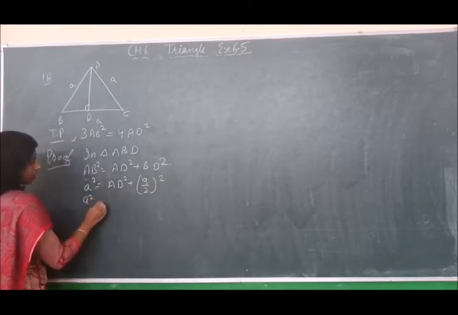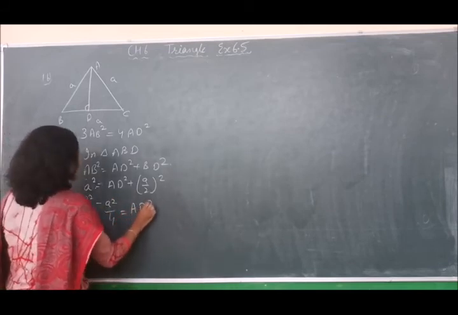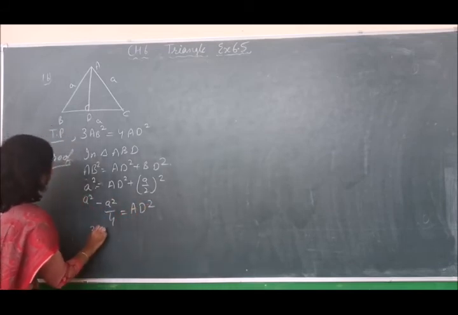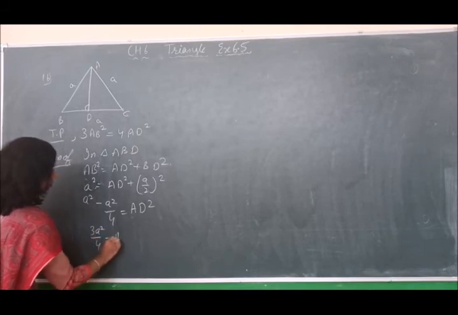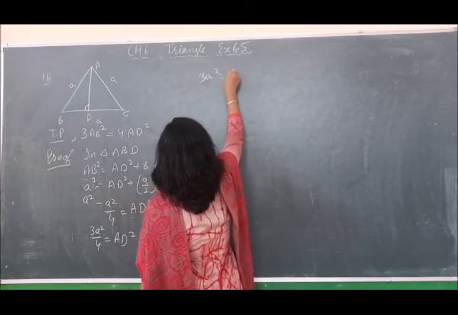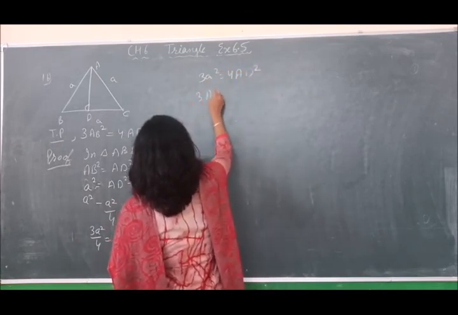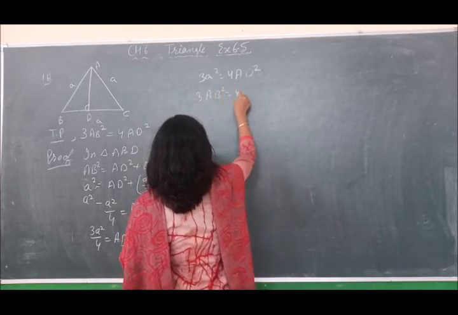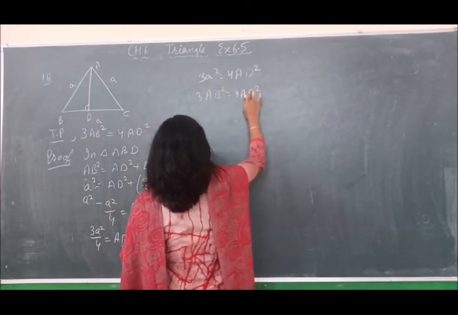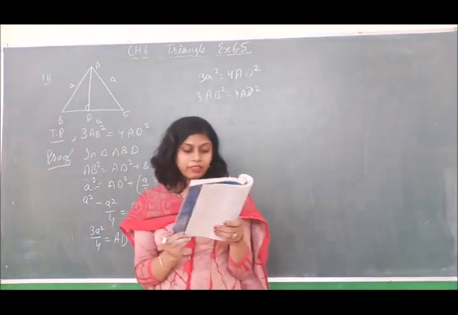So a square minus a square by 4 equals AD square. Now simplify, we get 3a square by 4. By cross multiply we get 3a square is equals to 4 AD square. So this is the result. Clear?